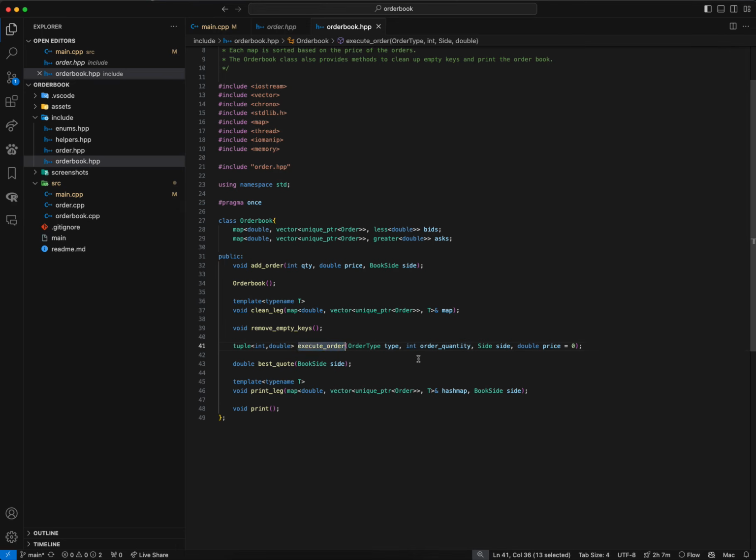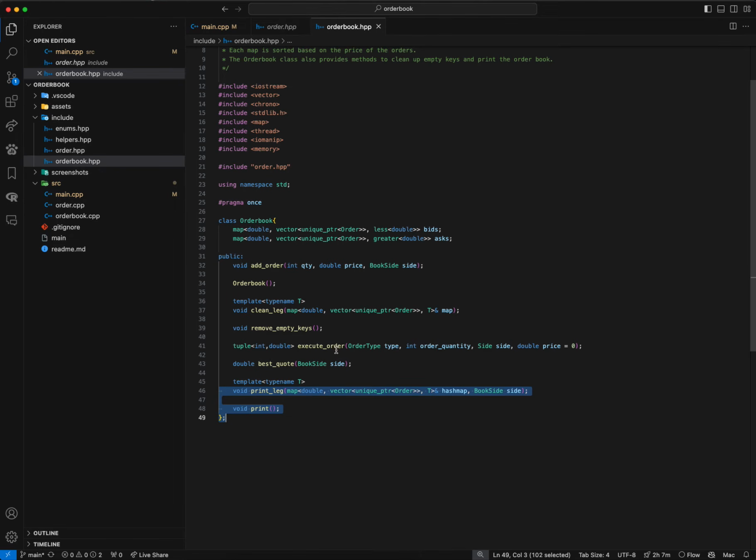And we have execute order, where there's an algorithm to execute orders against the book. If you don't get executed, your order gets placed as a standing limit order into the book. And we have some minor helper functions: best quote gets the best quote, and print prints the visualization.